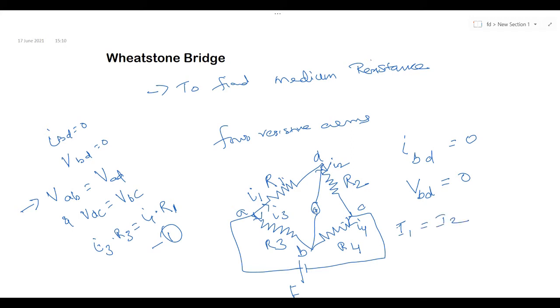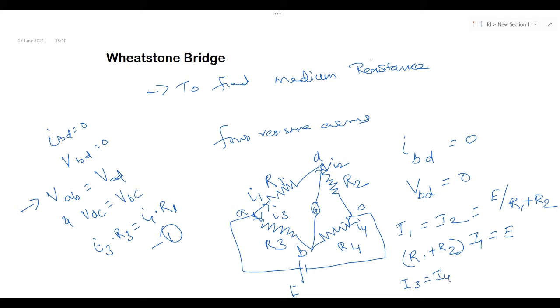Now there is another condition. When VAD is equal to VCD, or VAD is equal to VAB, the current I1 should be equal to I2. The branch AD and branch CD are in series, so R1 plus R2 into I1 is equal to the battery voltage.